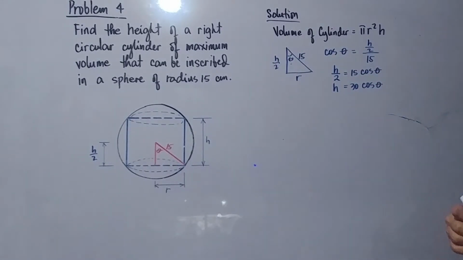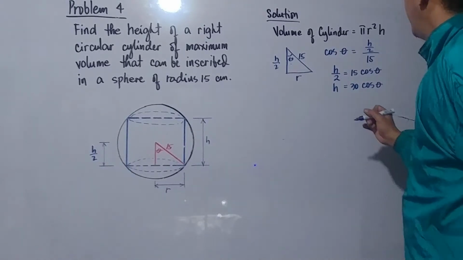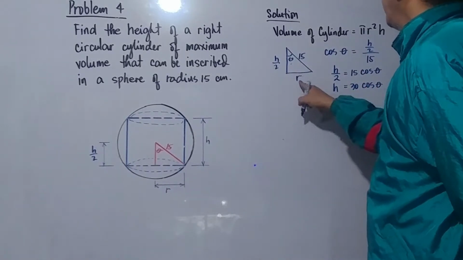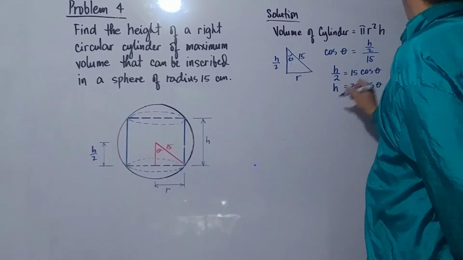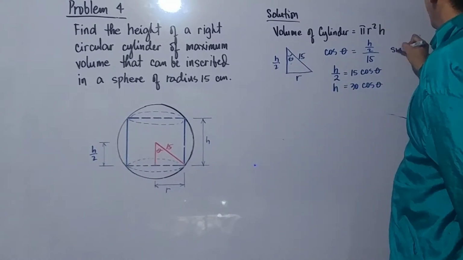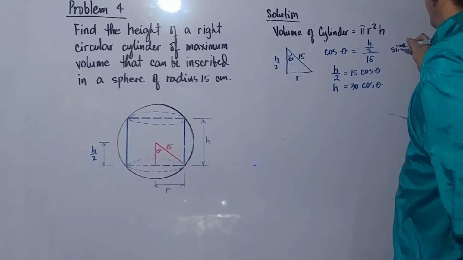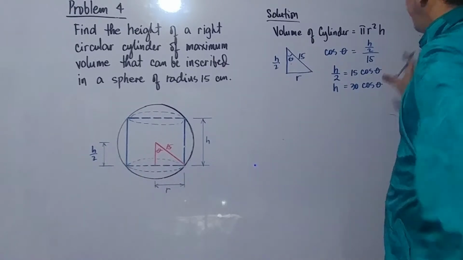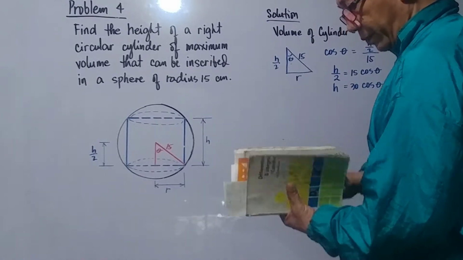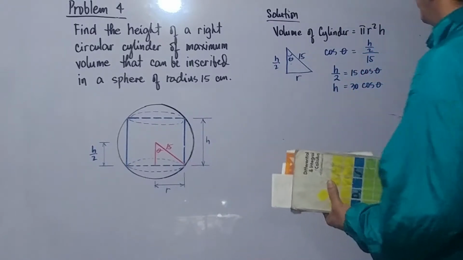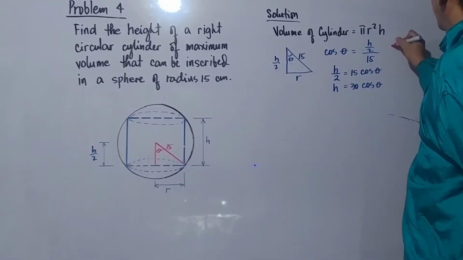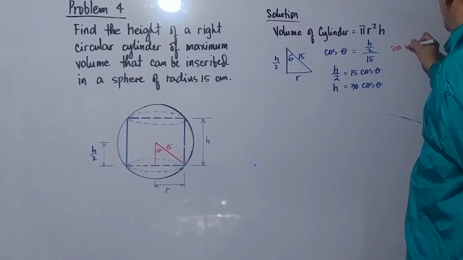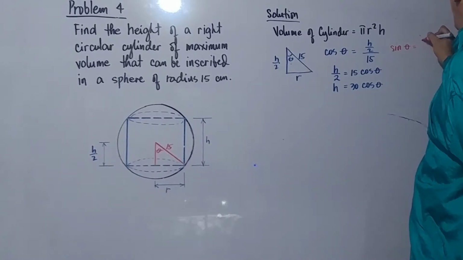Okay, what is now our r? Our r is sine theta equals r over 15.